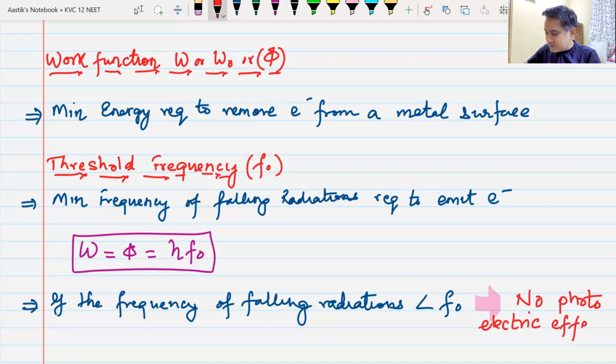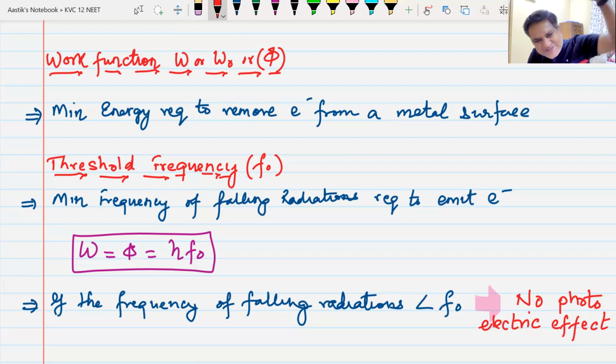Do we understand this? No matter how much light is falling, if the frequency of that radiation is less than this threshold, nothing will happen.